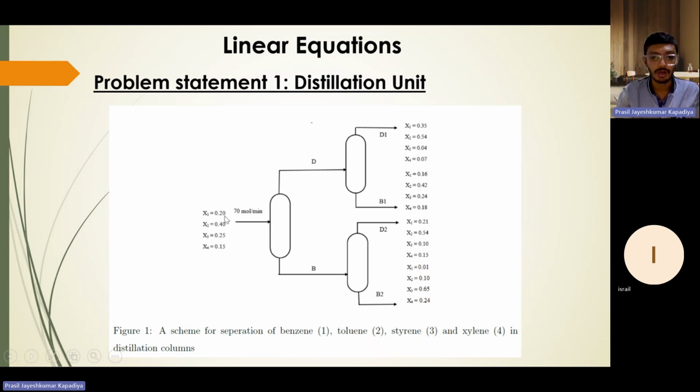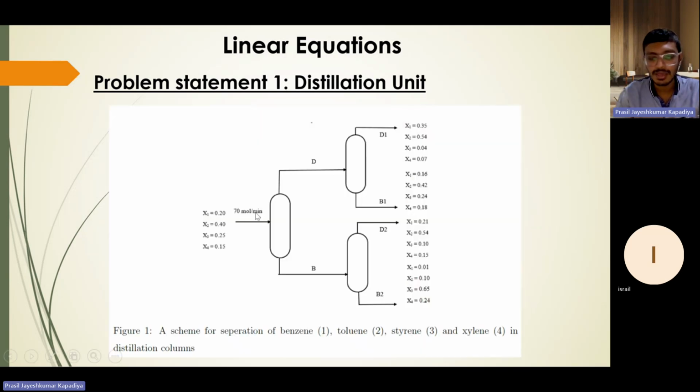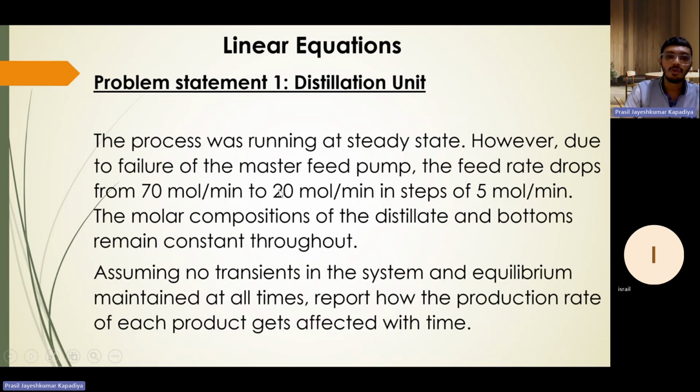Now what is told to us? The process was running at steady state. However, due to the failure of the master feed pump, from where feed is being sent to this distillation column, the feed rate drops from 70 moles per minute to 20 moles per minute in steps of 5 moles per minute.